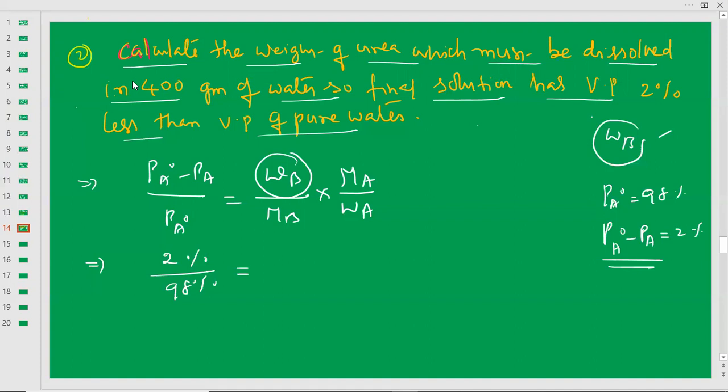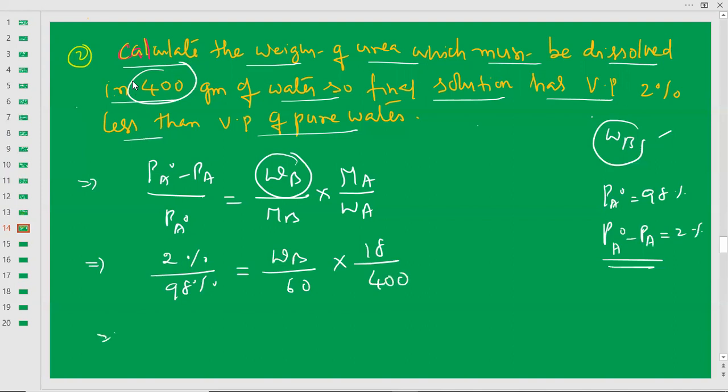Okay, so this is what I have taken. Now you can consider this equal to WB. What is WB? We don't know; that is the aim of the problem. The molecular weight of urea is 60, and the molecular weight of the solvent water is 18. The water mass given in the problem is 400 grams, so I can substitute 400.